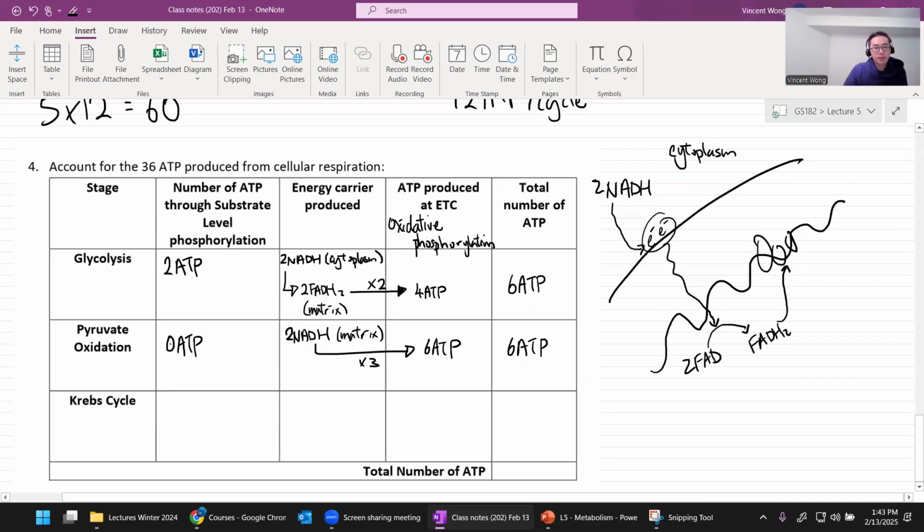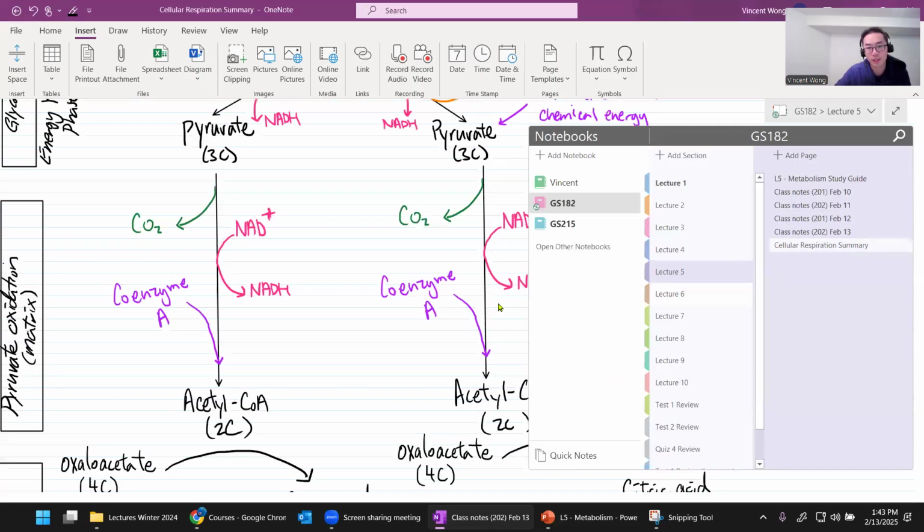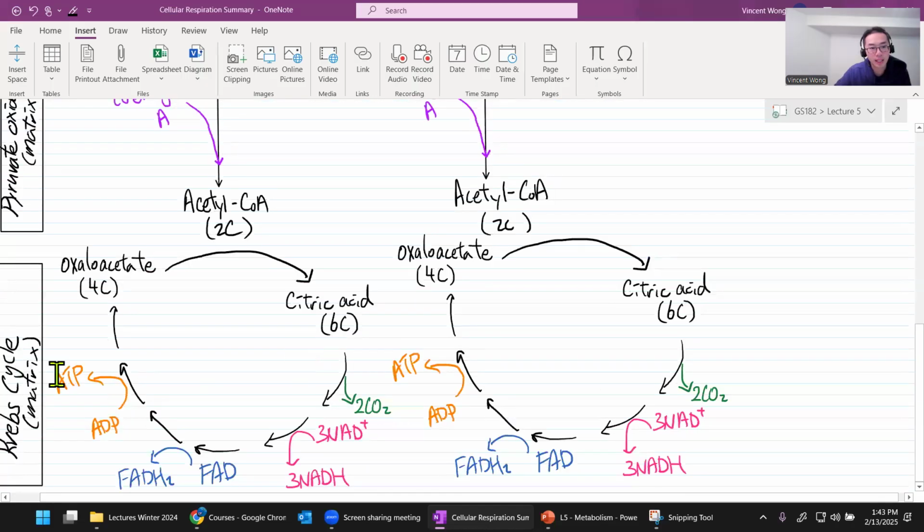All right, just going to wrap this up. For Krebs cycle, there will be 2 ATP. We're talking about each glucose. So the summary is right here. ATP, ATP, that's 2. 2 FADH2 and 6 NADH.